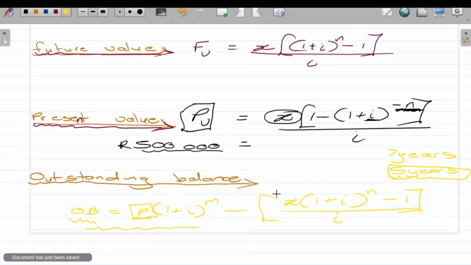The m in this formula is an m as well. The m means the number of times you already made the payments. So if you made the payments for 5 years, you just say 5 times 12, and here you're also going to say 5 times 12 to find out what your balance will be.